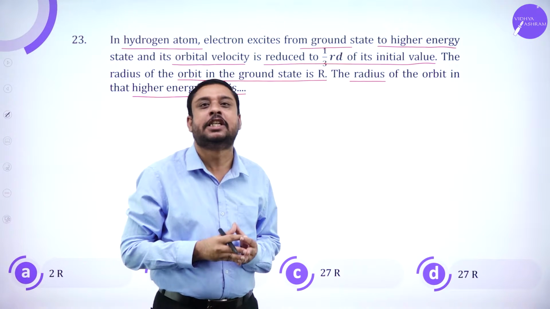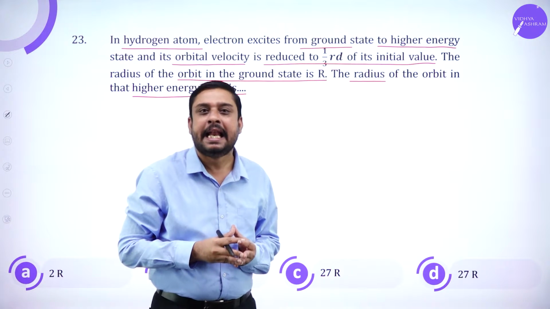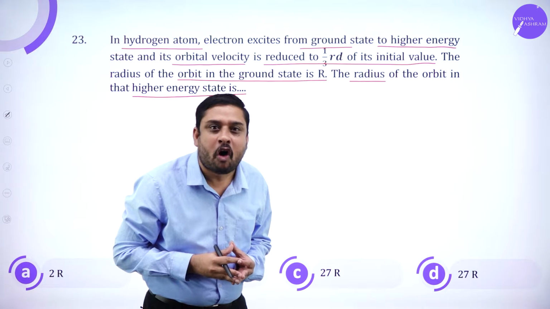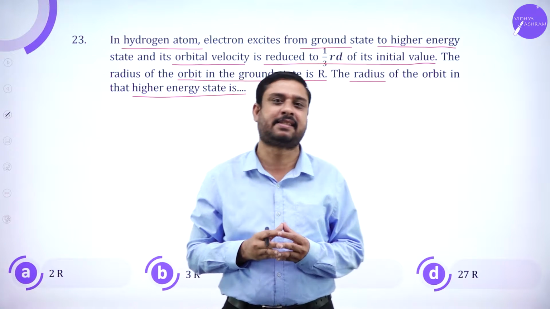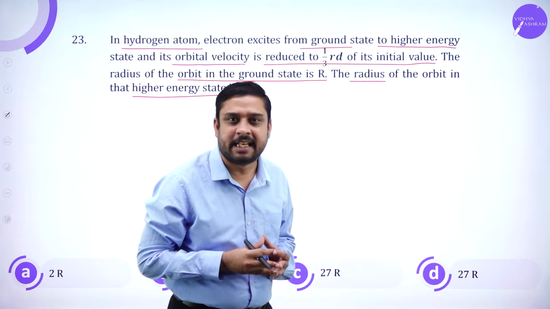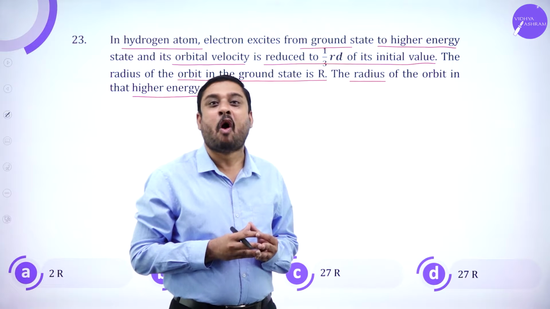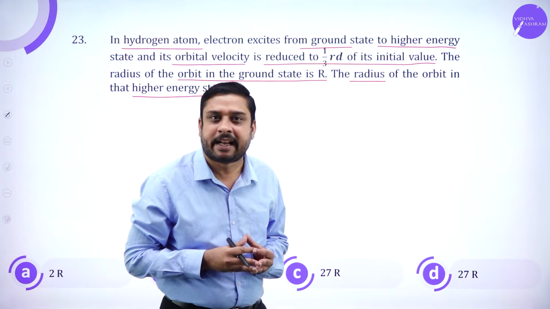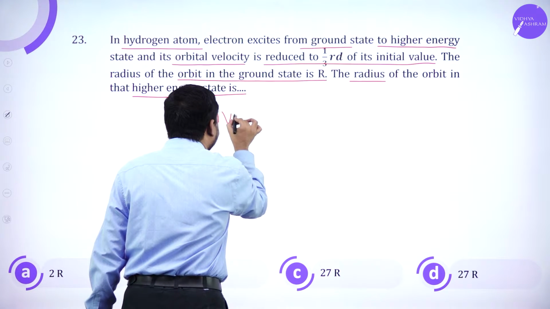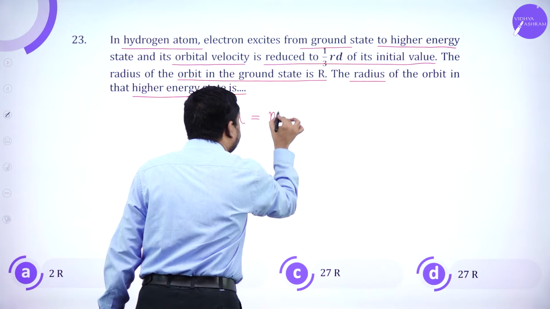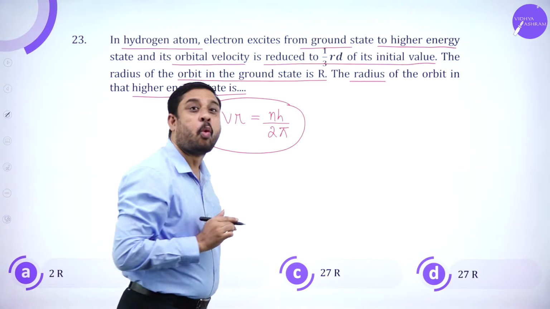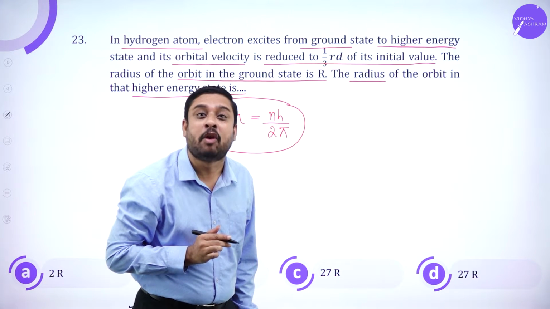The solution to this problem lies in relating orbital velocity and radius. My dear students, do I know any relation which equates orbital velocity and radius? Very much yes. mvr is nh by 2 pi, quantization of angular momentum.